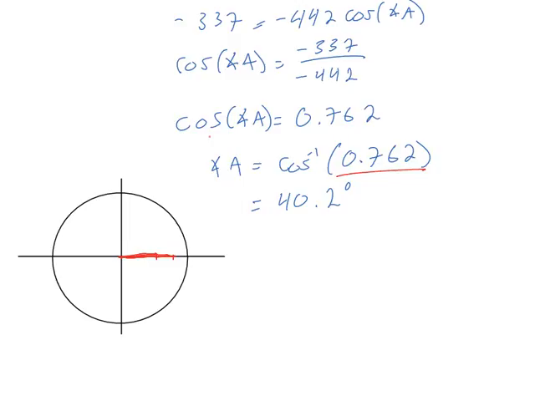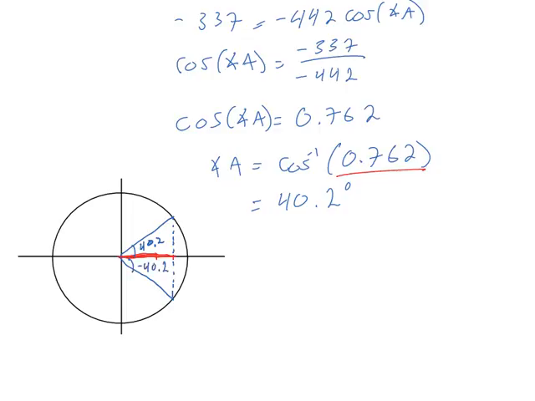Which angles have a horizontal component of 0.762? Well, we already found one. It was this one. That was 40.2 degrees. There's another one right here. It would be negative 40.2 degrees.